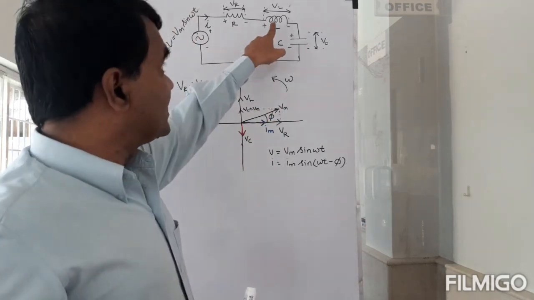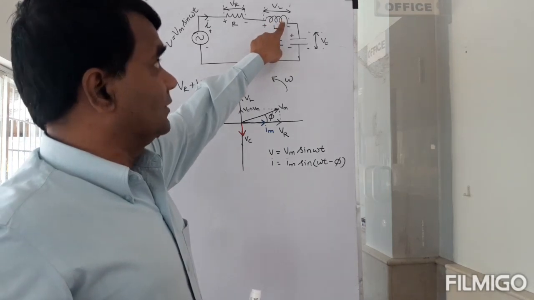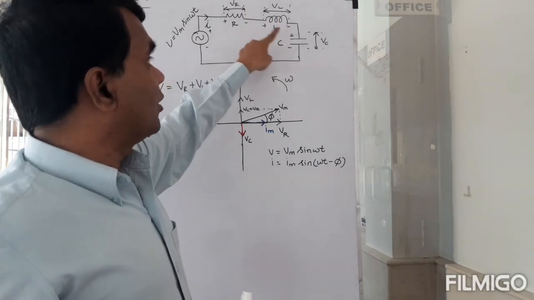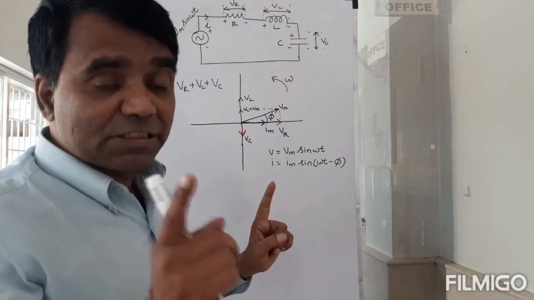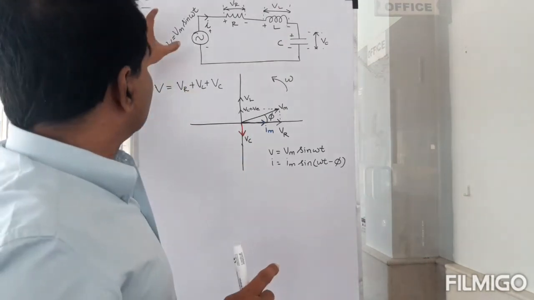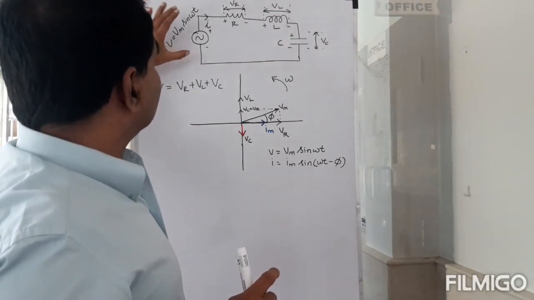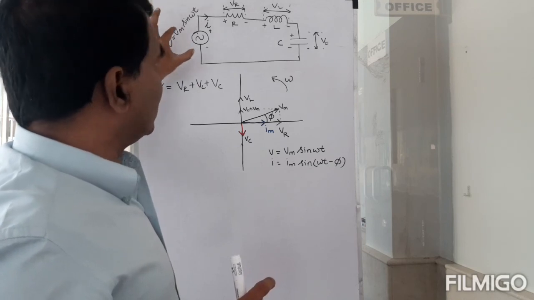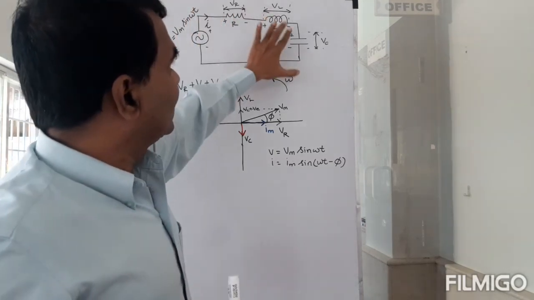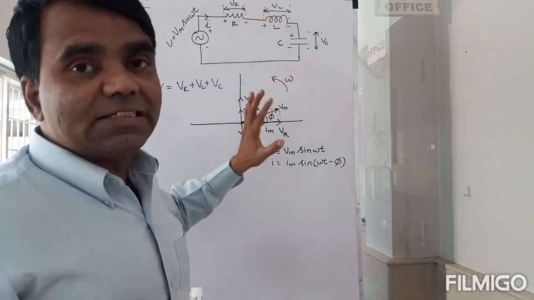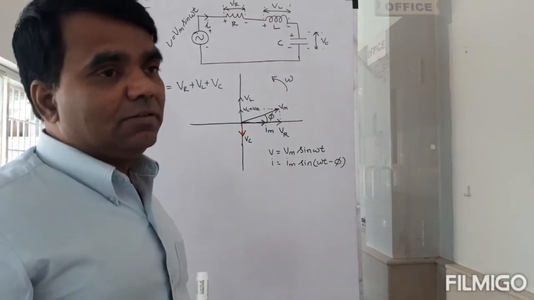The current will always lag the inductor voltage VL and will always lead VC, but it is possible for it to either lead or lag the applied voltage depending on the values of L and C in the circuit.